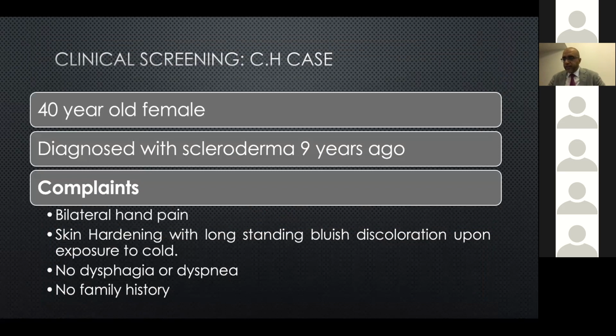Starting from the clinical point, I need to present a small case of mine. This is a real case, and for us as rheumatologists, we are seeing this a lot throughout our life with patients with scleroderma. She is a female patient, 40 years old, with diagnosis of scleroderma almost 9 years ago. Her initial presentation at my clinic was bilateral hand pain, skin hardening with long-standing bluish discoloration on exposure to cold.